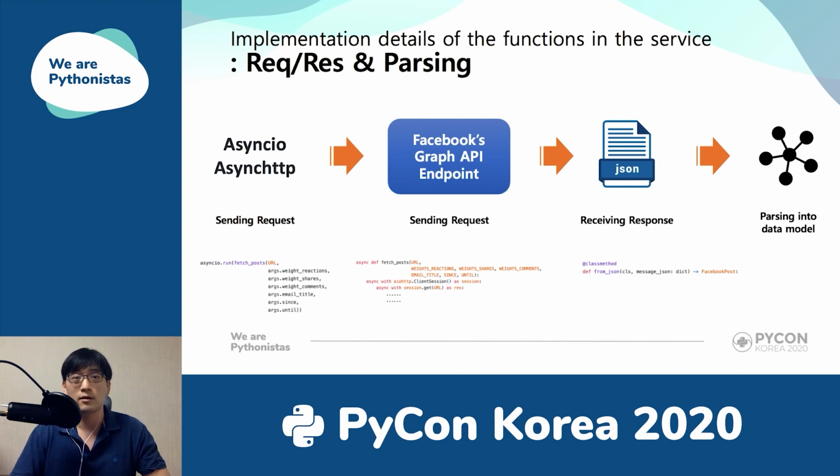Based on the parsed data, it'll create a data model instance, like I said, so that all the information is much more accessible for the rest of the program logic.